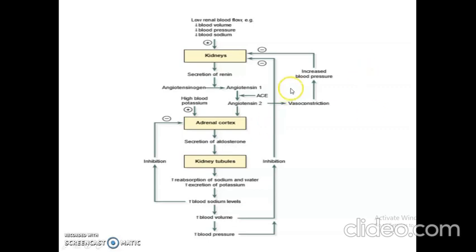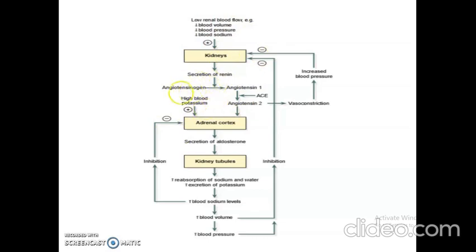Here in this figure you can just go through this. Normally when there is a decrease in blood volume, decrease in blood pressure, decrease in sodium level in the body, mainly in the blood, during these conditions the kidney cells release the renin into the bloodstream.